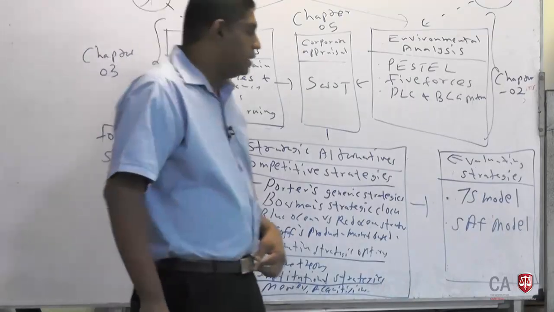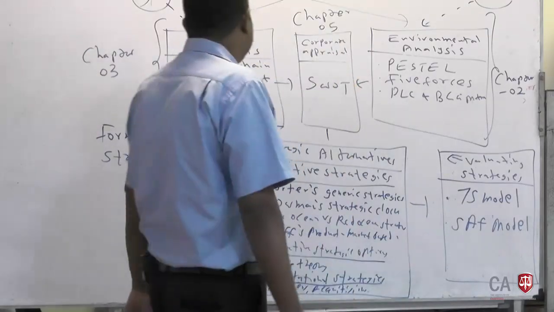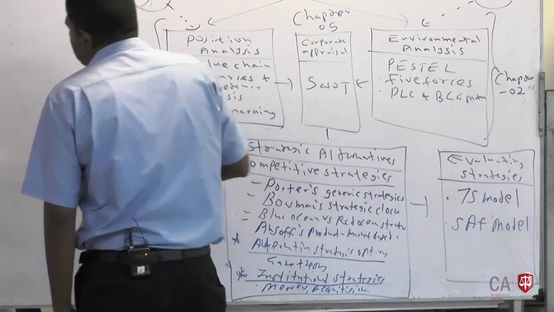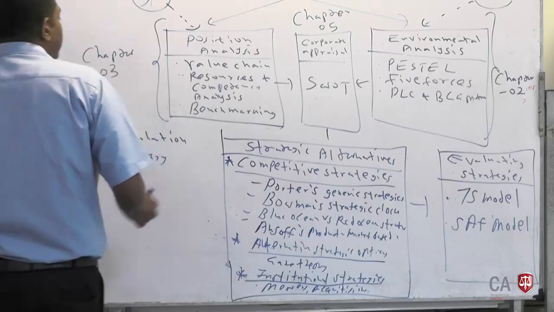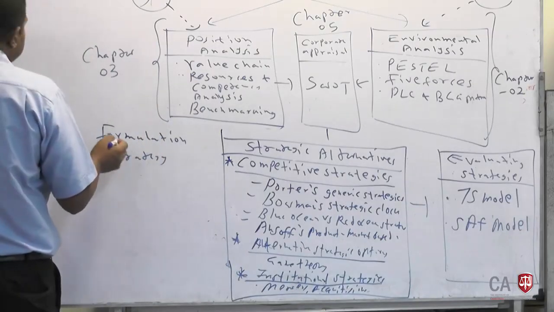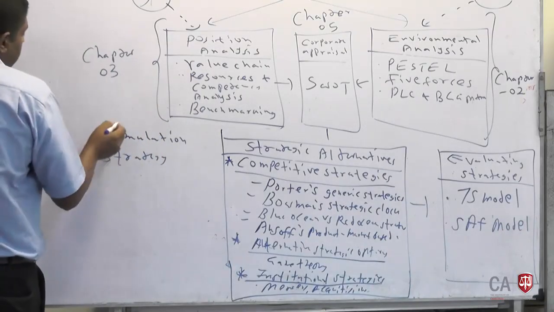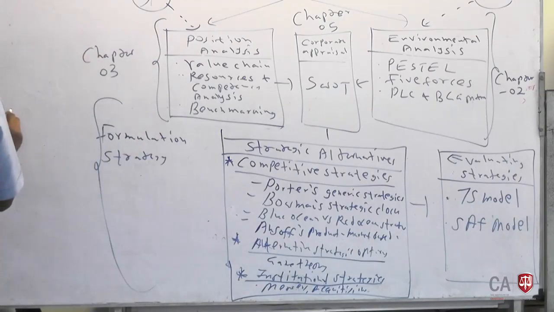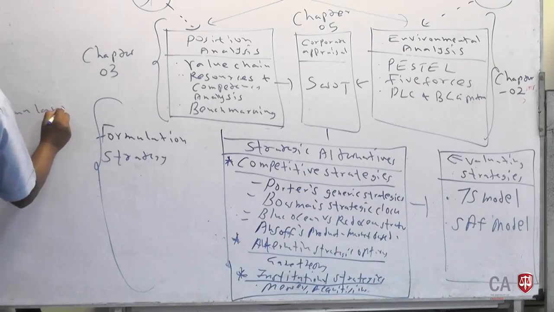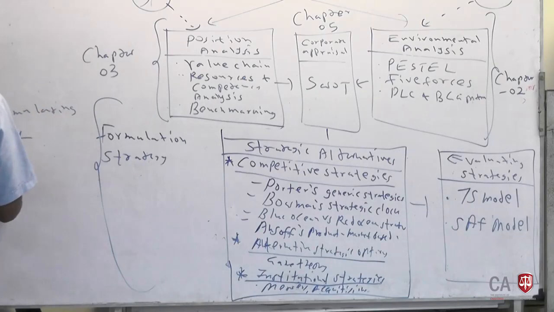SAFE means suitability, acceptability and feasibility criteria. Now you have an idea about this formulation strategy part. Your chapter number 6 will cover this area, named formulating and evaluating strategy.